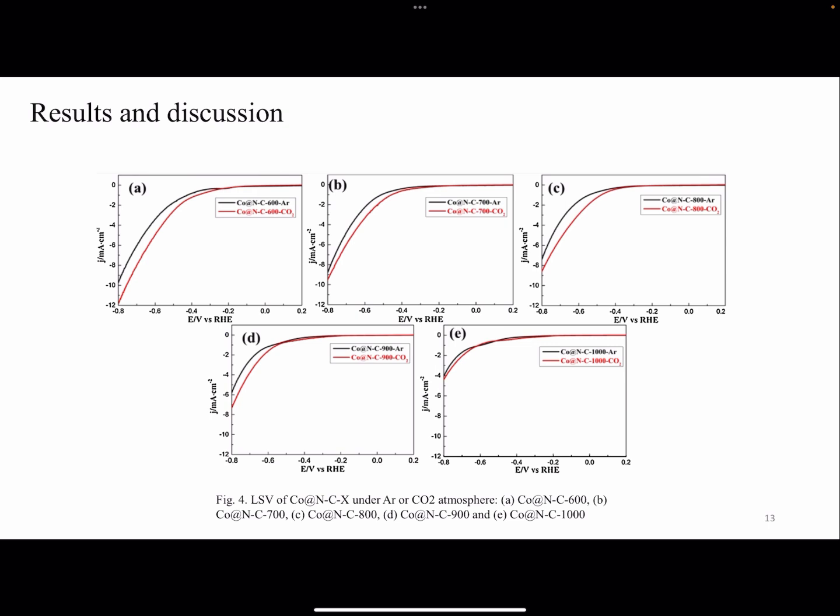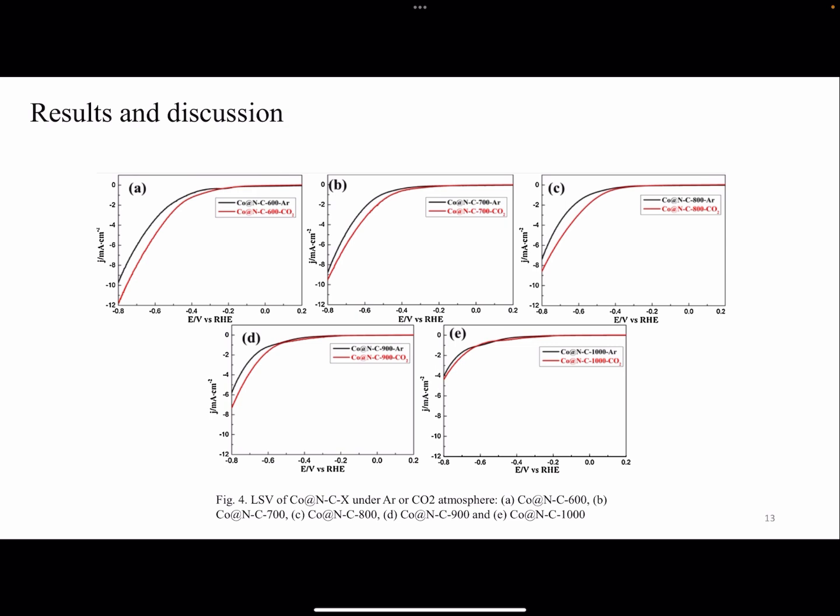So to confirm if our materials are active for CO2 reduction, we compare their performance under argon and CO2 atmospheres. For the samples pyrolyzed between 600 and 900 degrees Celsius, we observe a trend. The onset potential is lower and the cathodic current is obviously higher in the presence of CO2.